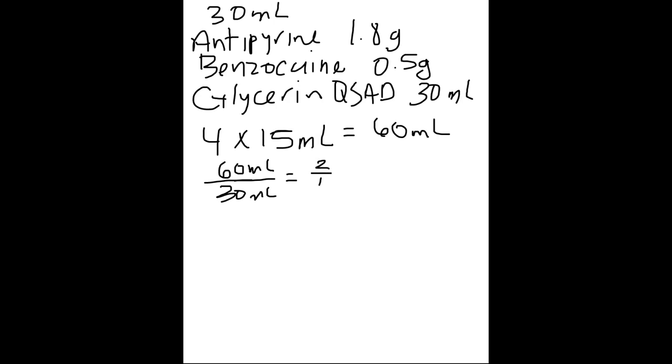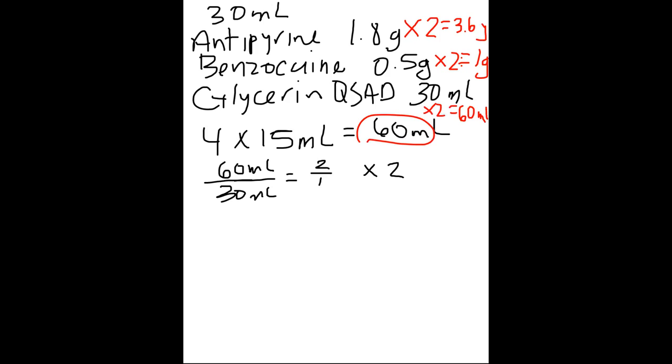So that means we're going from a smaller amount to a larger. So we're going to have to multiply each ingredient by 2. So if we multiply 1.8 times 2, we get 3.6 grams. If we multiply 0.5 times 2, we get 1 gram. And if we multiply 30 times 2, we get 60 mLs. And that's what we want, right? Because we want 4 syringes of 15 mLs.